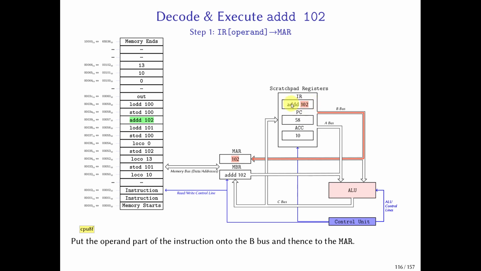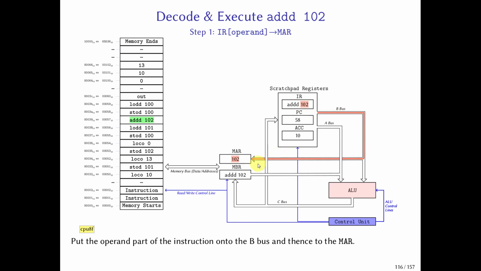So by examining the operator, the control unit can see, okay, I have to carry out the predetermined, pre-specified steps that will actually add the accumulator and the specified memory address. So the first thing that the control unit does is take the 102, which is a cell address, and copy it into the memory address register.